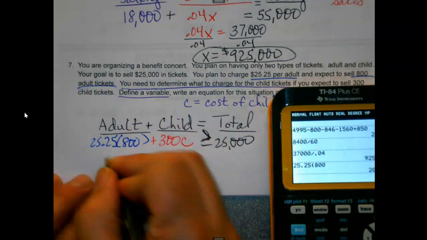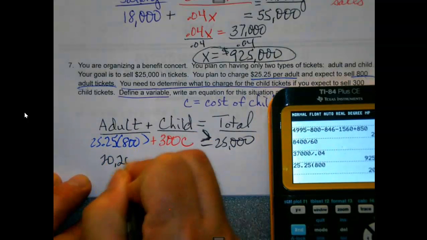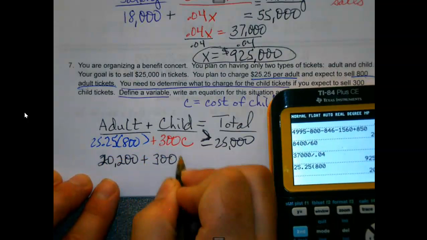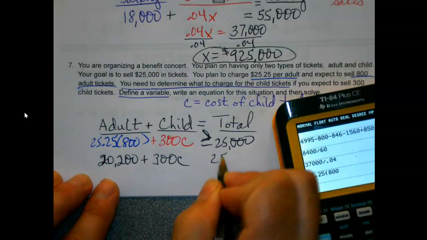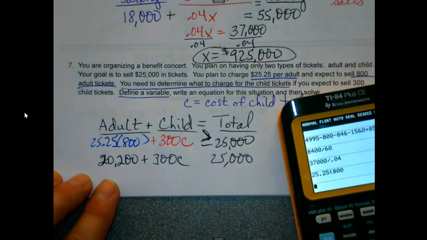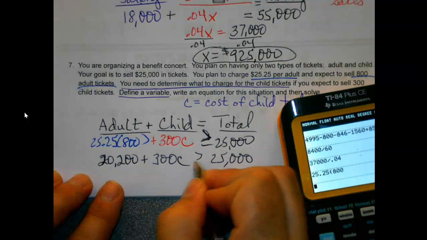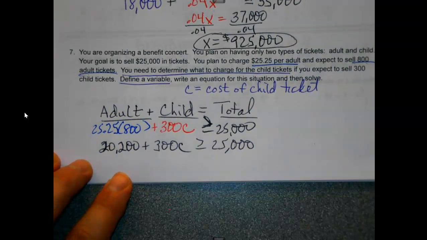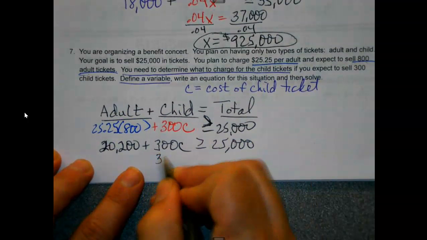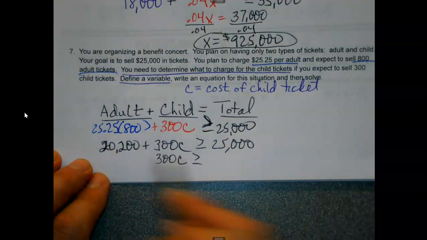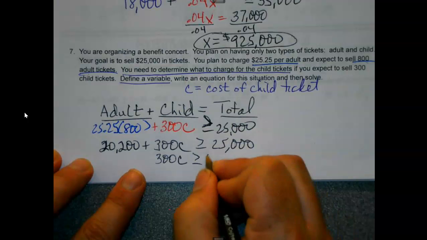So we got 20,200 plus 300C. And now we have the mystery symbol in the middle here. Am I going to go back to equals? I'm not going to yet. Let's stay here for a second. So I start to work through, and I go, okay, subtract that 20,200 over.